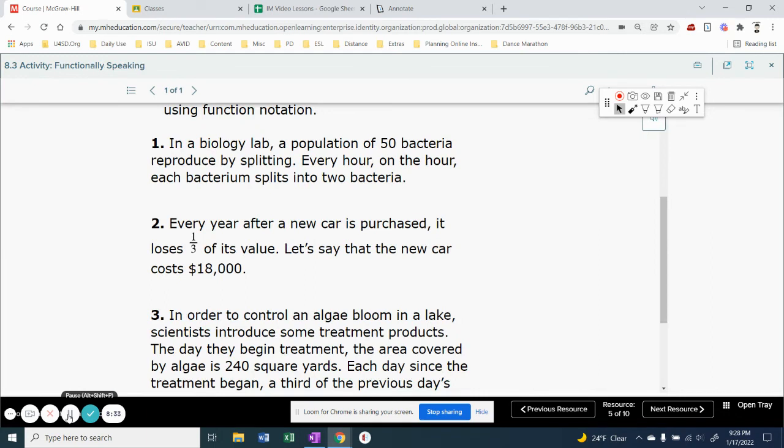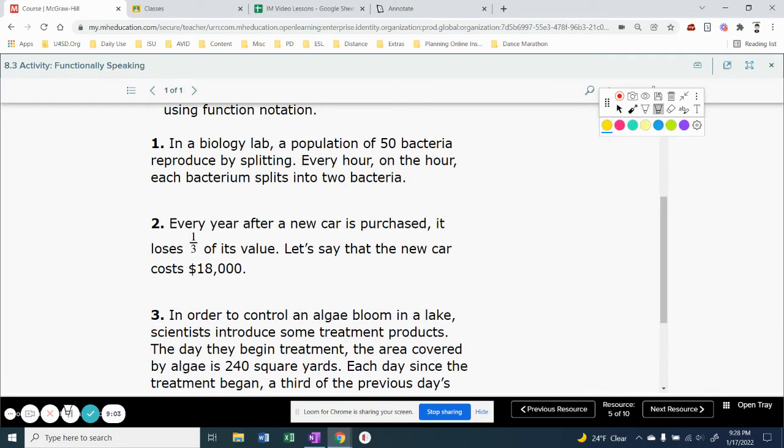Let's look at a couple more examples and see if we can't identify the independent and dependent variables. Now, these are all situations we saw earlier this week or last week. So in a biology lab, a population of 50 bacteria reproduce by splitting. Every hour on the hour, each bacterium splits into 2 bacteria. So let's think about that. What are the two variables?